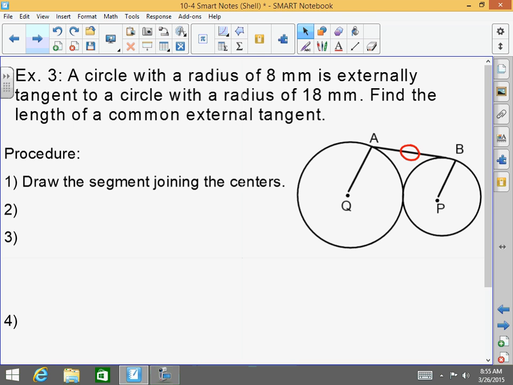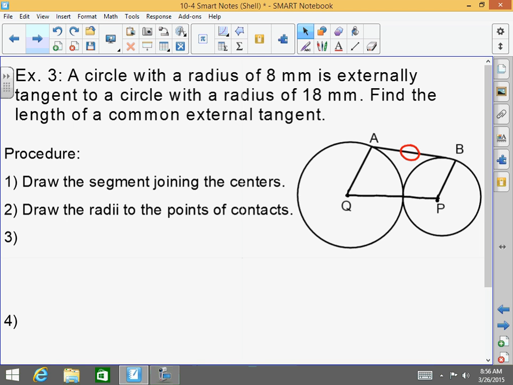First of all, draw the segment joining the centers. So we're going to draw the line of centers. That's step one. Done. Step two, draw the radii to the points of contact.